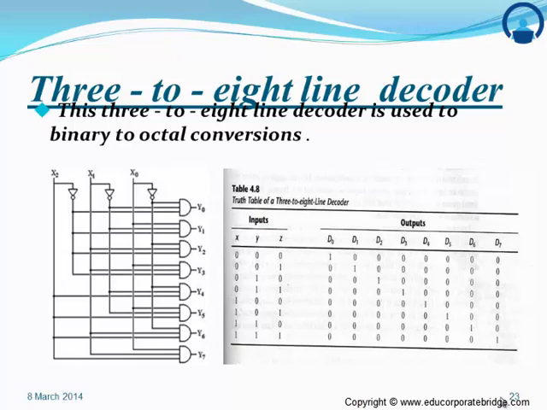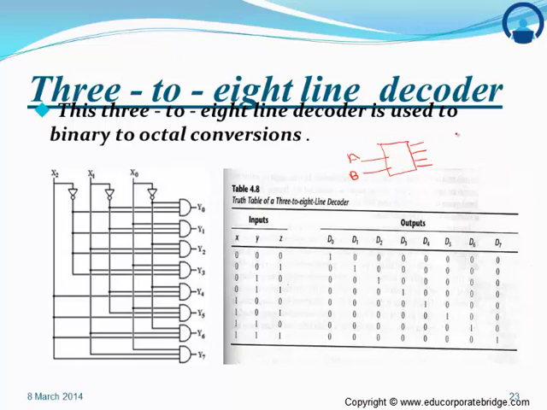Before going through the logical diagram, let's have a rough block diagram of a 3 to 8 line decoder. Let's start with the 2 to 4 line decoder. A decoder is a circuit which has two inputs, let's say A and B, and 4 outputs.